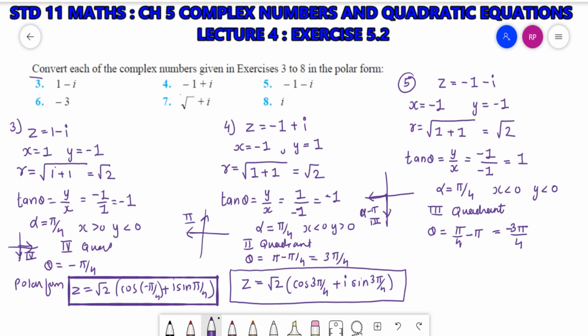So the polar form: z is equal to r, that is root 2, cos of minus 3 pi by 4, plus i sin of minus 3 pi by 4.